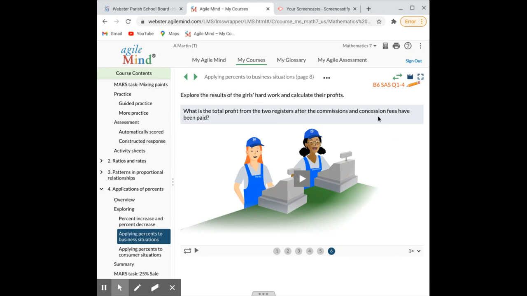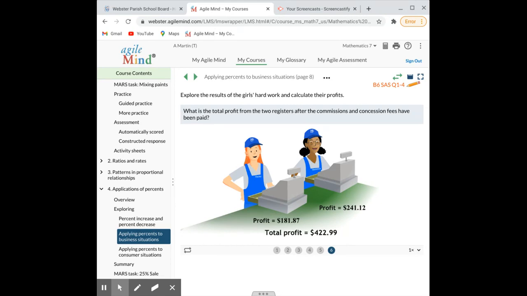What would we need to do with Haley's amount of money and Vanessa's amount of money? We would have to add it. Yeah, that's all we're going to do. Just add them together. So when we add it together, what do we get? $422.99.